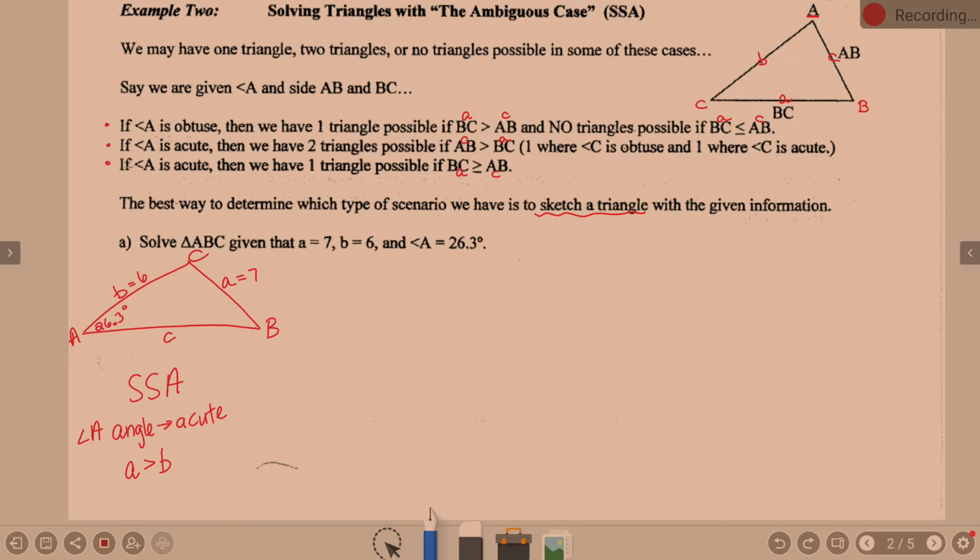Angle B. We have to start with finding angle B. So I'm going to set this up thinking sine of A over side A is equal to sine of B over side B. So fill in the given information. Sine of 26.3 degrees over 7 is equal to sine of angle B, that I don't know yet, divided by 6. And I guess tomorrow we will have to talk about how to solve that. How do we actually find angle B? Remind me if I forget where to pick up.